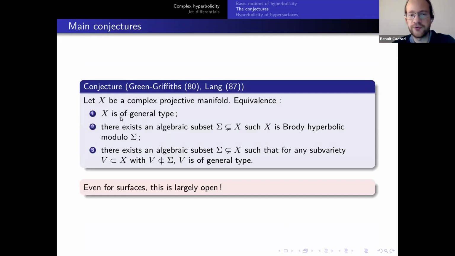So on a variety of general type, there should not be many rational points if the variety is defined over a number field, for example. But I will stick to entire curves in the rest of this talk and not talk about this third point, the one related to arithmeticity.